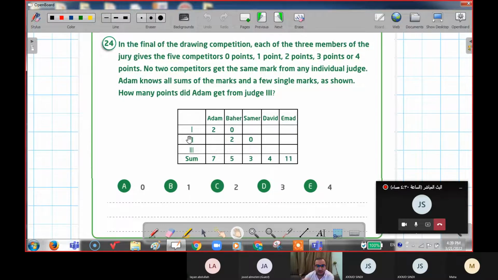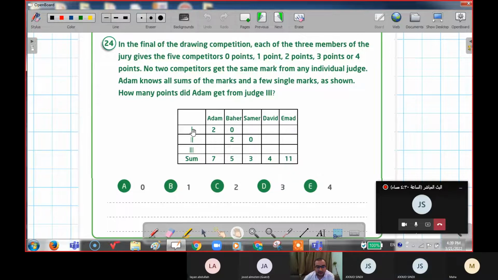Each one of them has 5 choices: 0, 1, 2, 3, and 4 points, not 4 choices. We have one condition here. What is the condition, Jude? The condition is a judge cannot give 2 competitors the same amount of points.